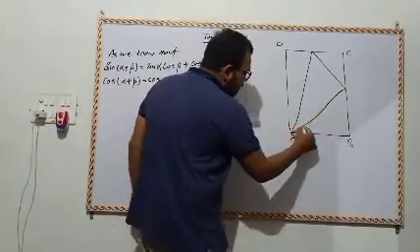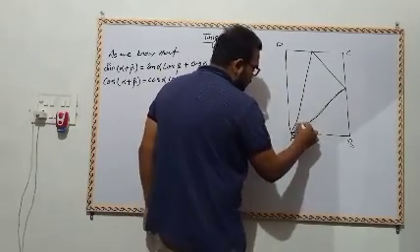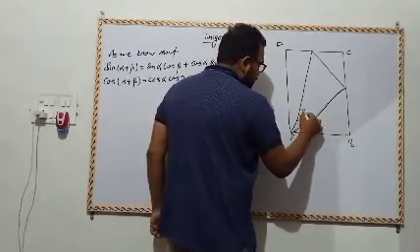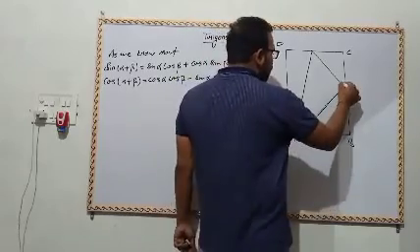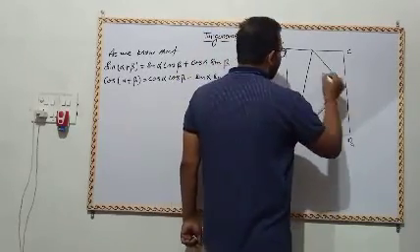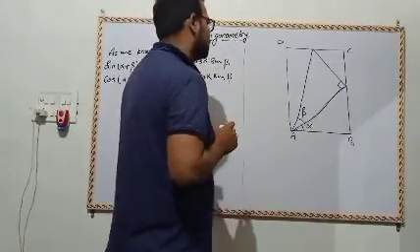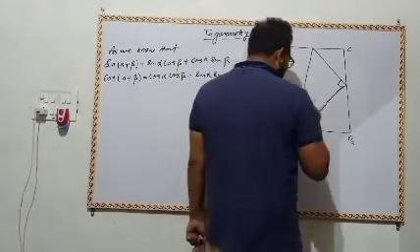If it is alpha and it is beta, everybody knows it is 90 degrees.